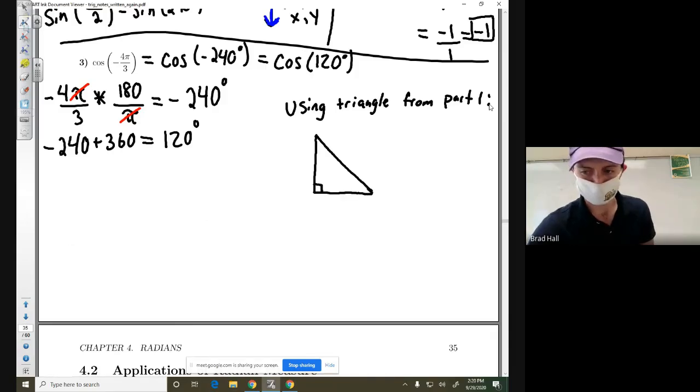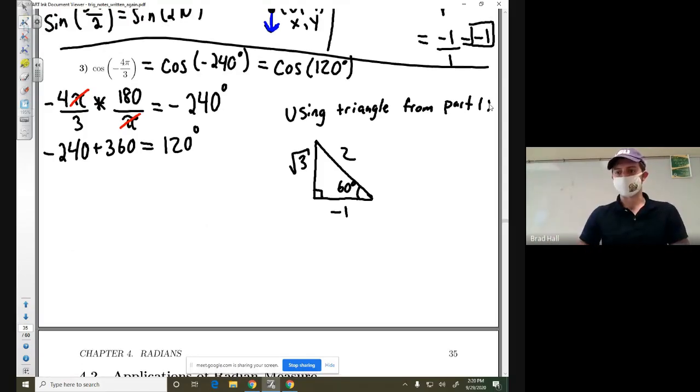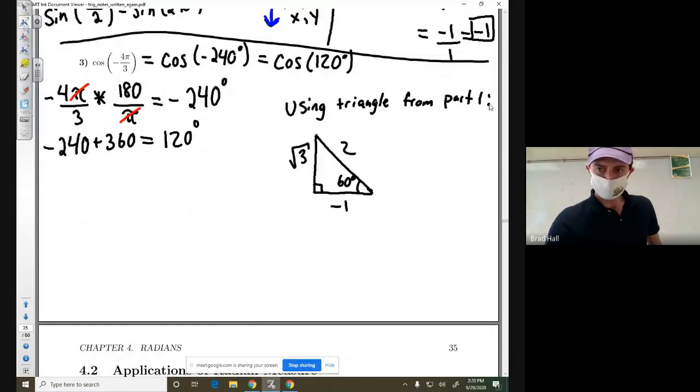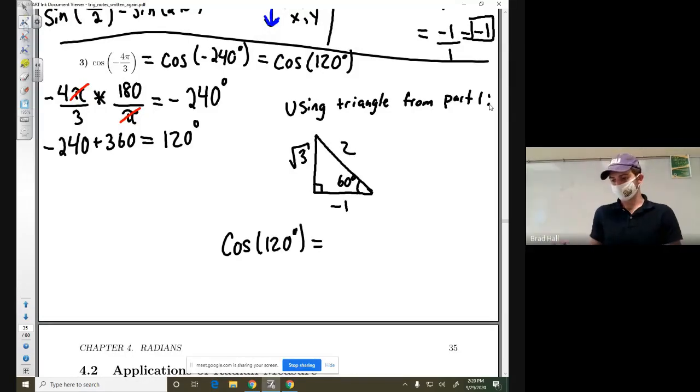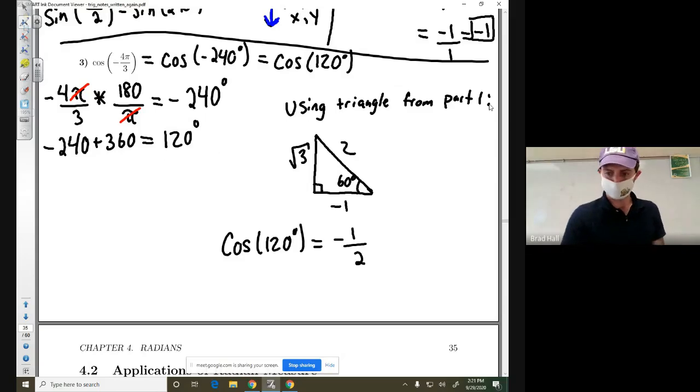You would set it up the same exact way. You would get 60 as the reference angle. You would get square root of 3 and then -1 and 2. It's the same exact process. The only difference is now we're looking for cosine of 120 instead of tangent of 120. Hopefully you remember what cosine is. That's adjacent over hypotenuse. Adjacent is -1, the hypotenuse is 2, and we have an answer.